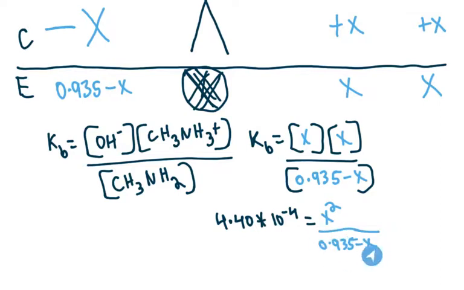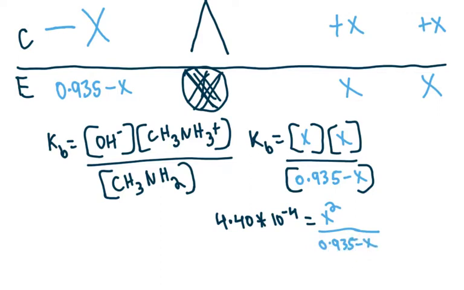So we assume that the concentration of x in the denominator is almost close to zero. Not quite zero, but almost close to zero, which means that we're subtracting a very, very small number from 0.935, which is going to equal about 0.935.